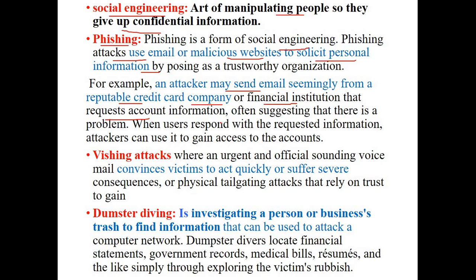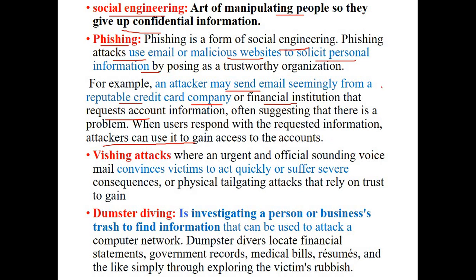Seeing that kind of email, the user feels he should respond, fills in the form and sends the requested information. Then the attackers gain access to those accounts using the information.